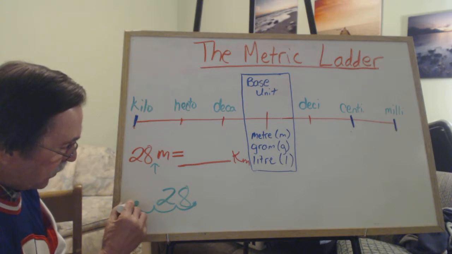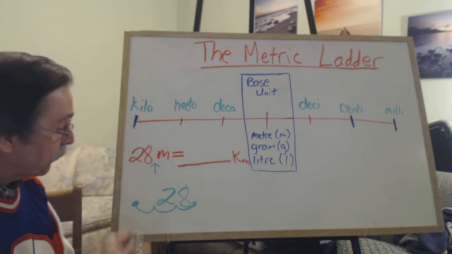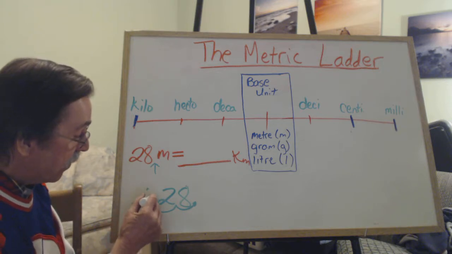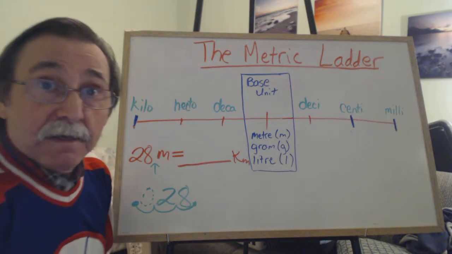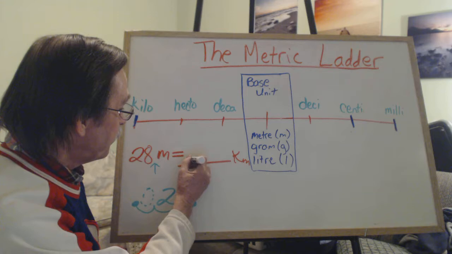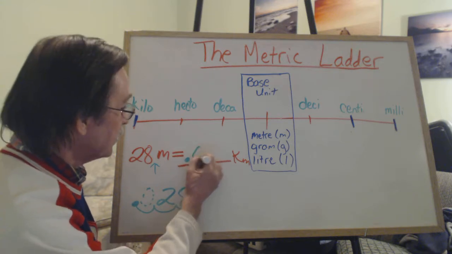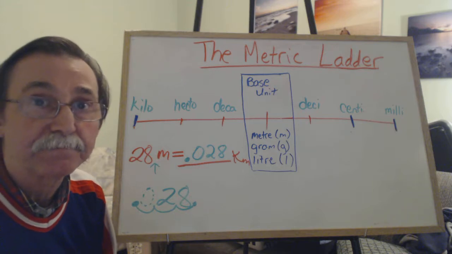And put my decimal place right there. But I have to put a 0 in there as a placeholder. So what is my answer? My answer is 0.028 kilometers.